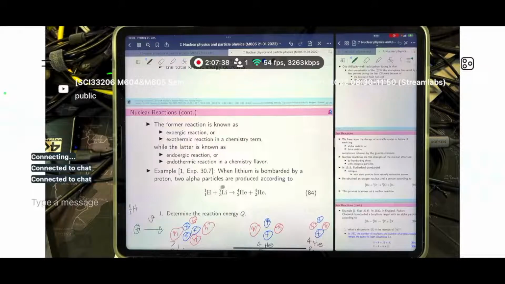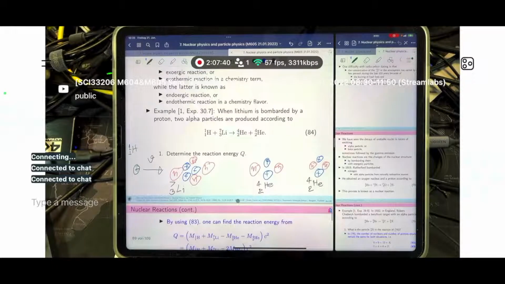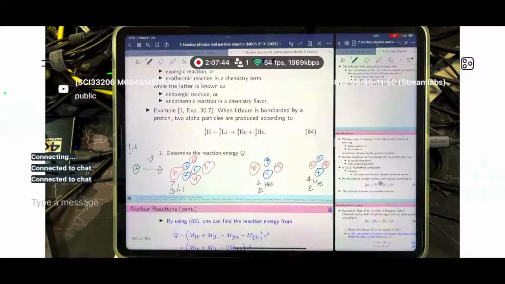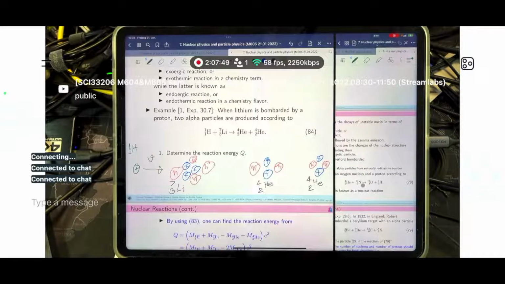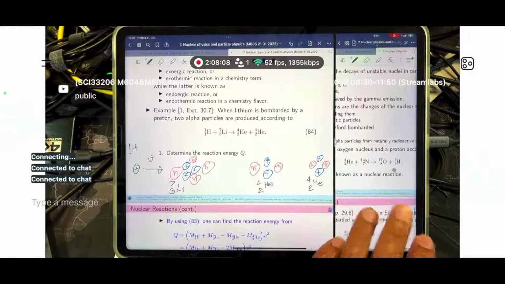They accelerate the proton to hit the lithium nucleus, but Rutherford accelerates the alpha particle to hit nitrogen 14. And the outcome is oxygen 17, not oxygen 16, together with a proton.